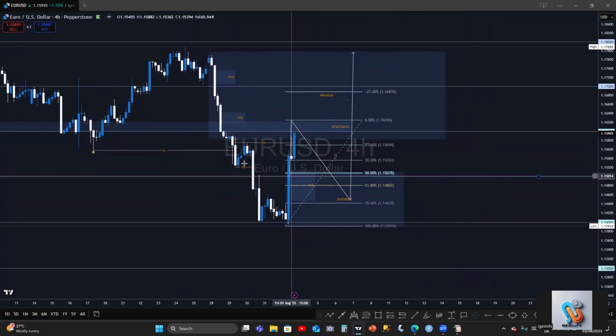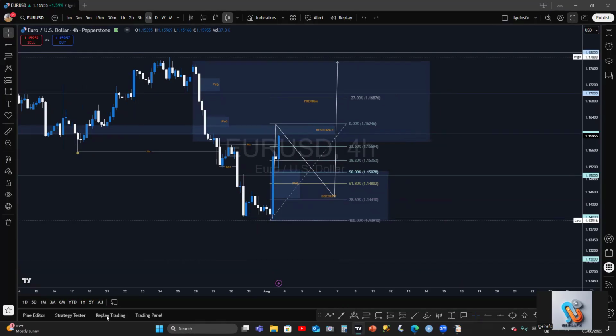As it stands now, we're only waiting for price to pull back, then break structure to the upside, for us to know that a real bullish trend has been established. As it is now, it is not established yet. We need to wait until that happens.